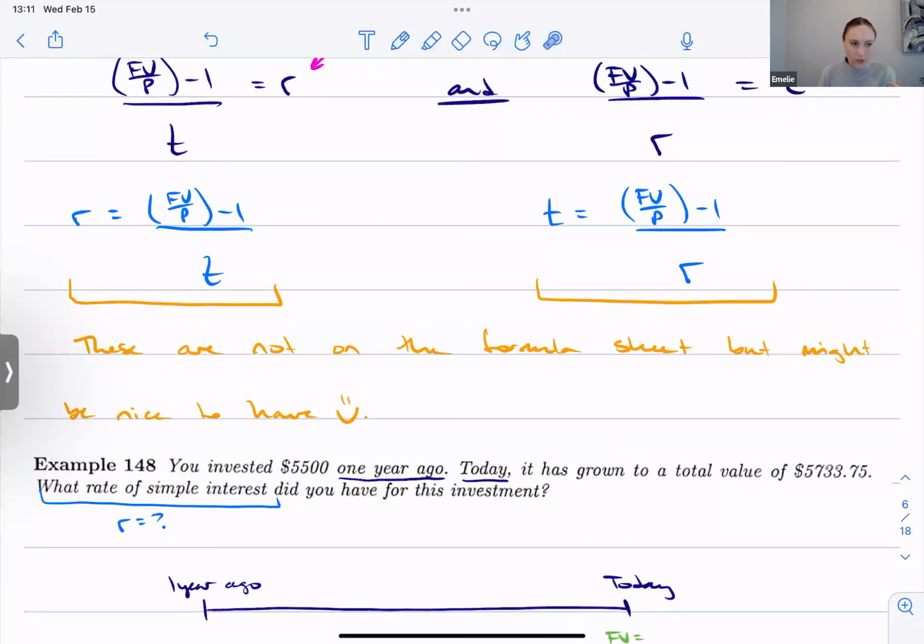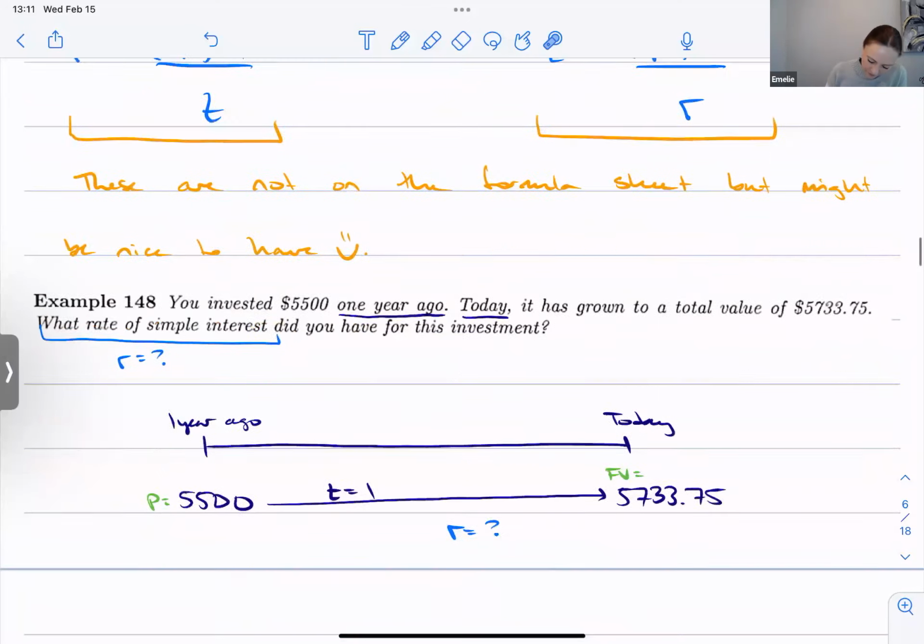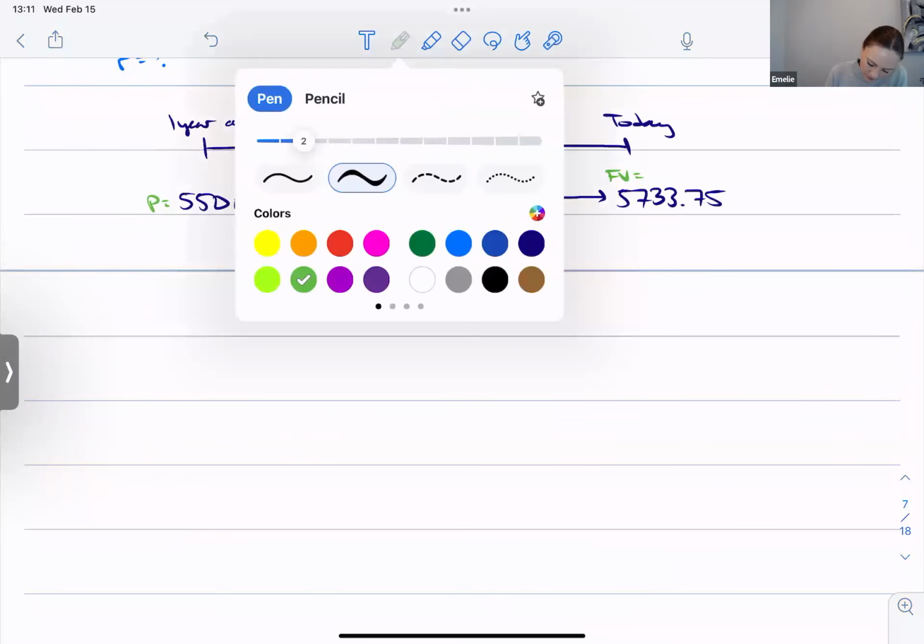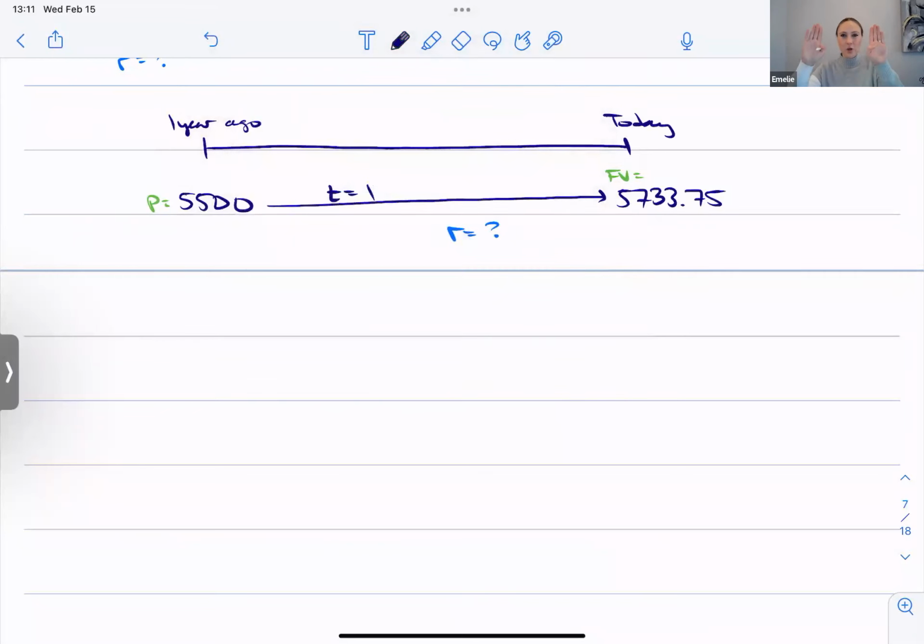So you can jump right in from here, solving for R. You have the future value, you have the principal amount, and T is 1. It's relatively simple, but I just want to use the one formula for everything. I'll show both calculations side by side.